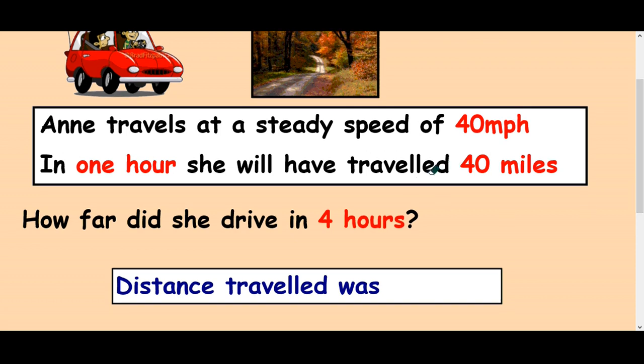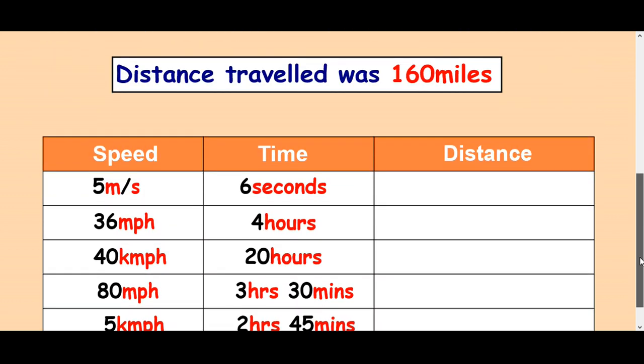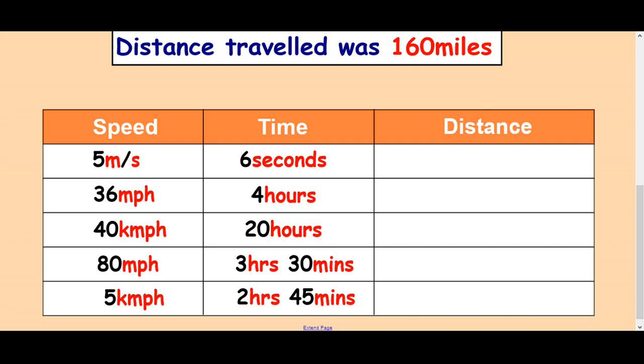Well, if you think about that, she's done 4 times the amount. So all you're going to do is 4 times 40, which is 160, 4 fours are 16 and so on. So that allowed you to calculate the distance if we knew the time and the speed. Now what did we do with these two things, the time and the speed? We just multiplied them. And that allows us to calculate other distances if we know the speed and the time.